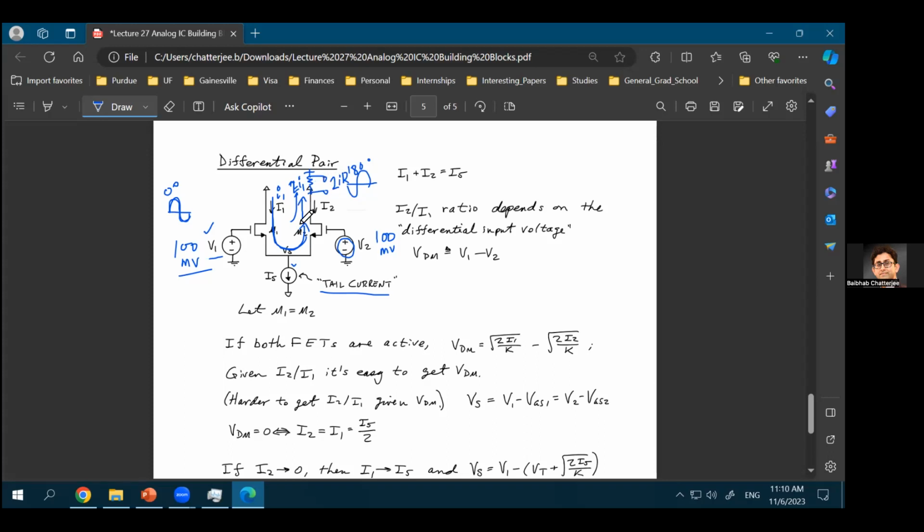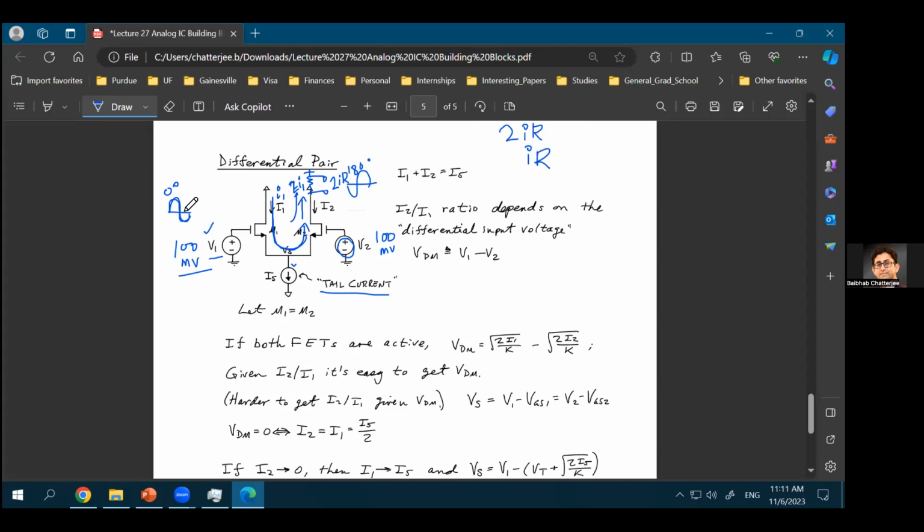On the other hand, if you had only one input applied and the other input is an AC ground, then you have an I1 amount of current flowing through the differential branch, and that will be multiplied with the resistance. And in that case, you'll be getting a voltage of I times R. So by applying a differential input voltage, you get 2 times I times R. That's the amount of output voltage that you get, if you are applying a 0-degree phase in one of the inputs and 180-degree phase in the other input.